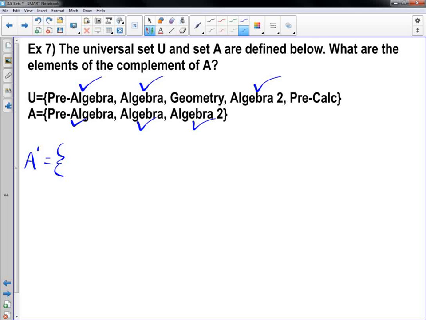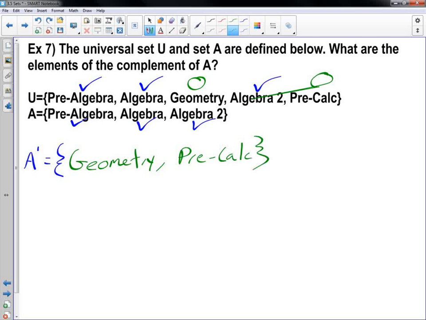But what 2 pieces am I missing, right? I'm missing geometry and I'm missing pre-calculus. So that's going to be my complement. My complement's the other half to get the whole universal set. So my complement's going to be geometry and pre-calculus. And that's the complement of the set.